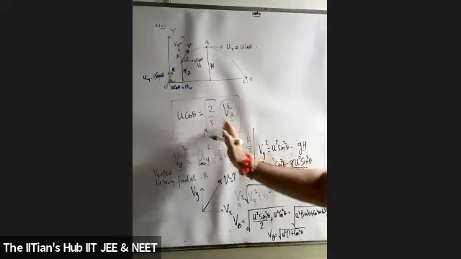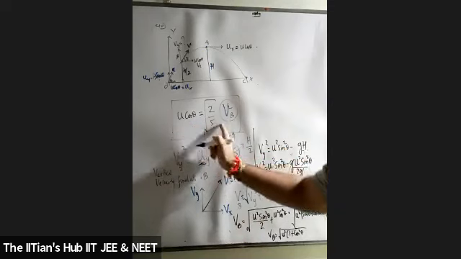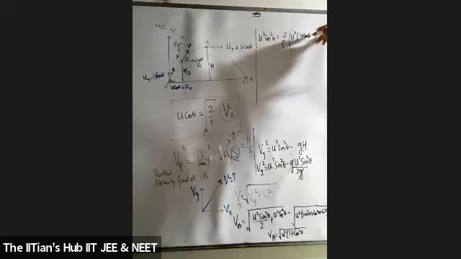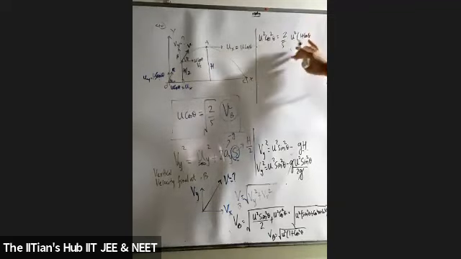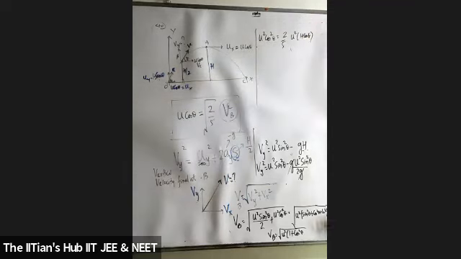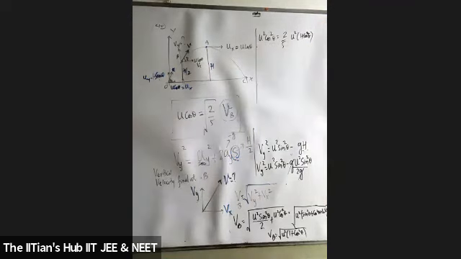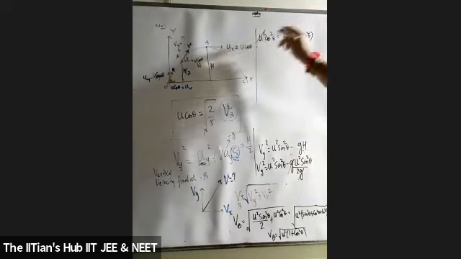Now can you go for this? Yes, sir. Squaring both the sides. Squaring both the sides, students. U square cos square theta is equal to 2 by 5 into u square into bracket 1 plus cos square theta. Now u square will get cancelled.